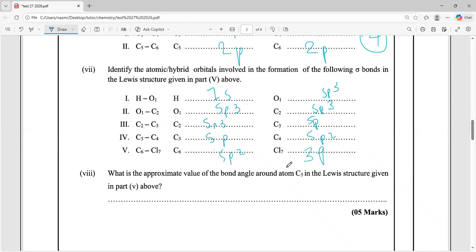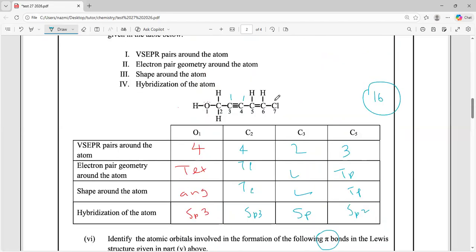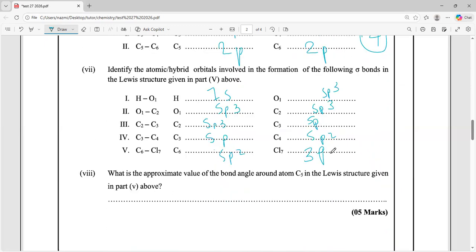Chlorine is 3p, because the final shell only is involved in bond formation. So we take the final shell of the element, chlorine as 3p. But chlorine has 3 lone pairs, that means 4 VSEPR pairs, so you can write sp3 also, no problem for sigma bonds. 3p or sp3, they give marks. Each 1 mark, 10 marks.